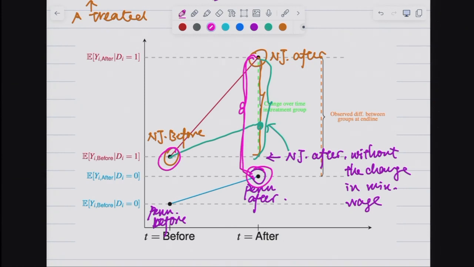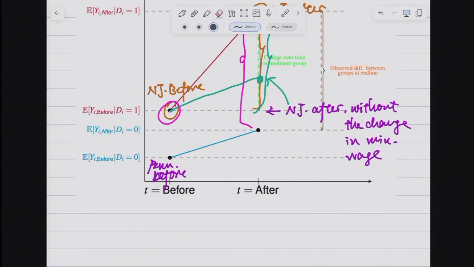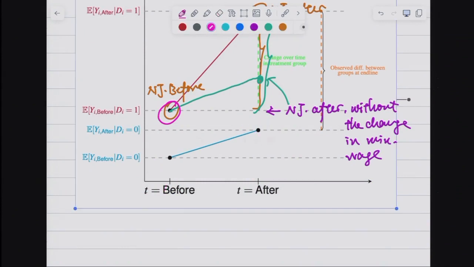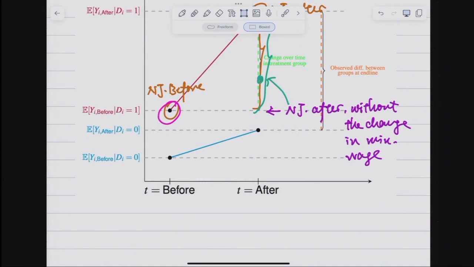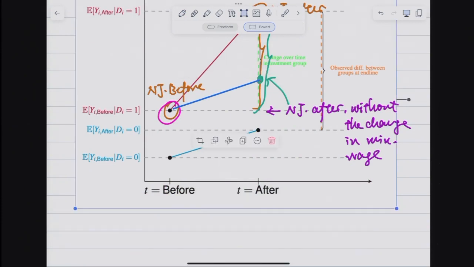And therefore, we hope that by using a common trend assumption, relaxing some of the more restrictive assumptions, we can recover the ATT. So this is what we've discussed just now. We hope that in the absence of the treatment, this is the trend over time for the control group, and we will see a parallel trend for the treated group.